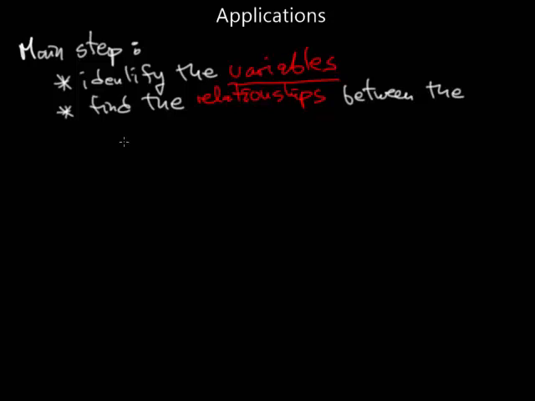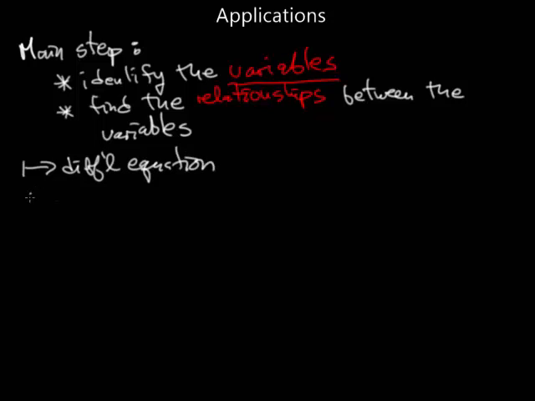And once you've done that, then usually it's possible to write down the differential equation that you're going to need to solve. So here's a simple example. Well, I'll do a few examples.